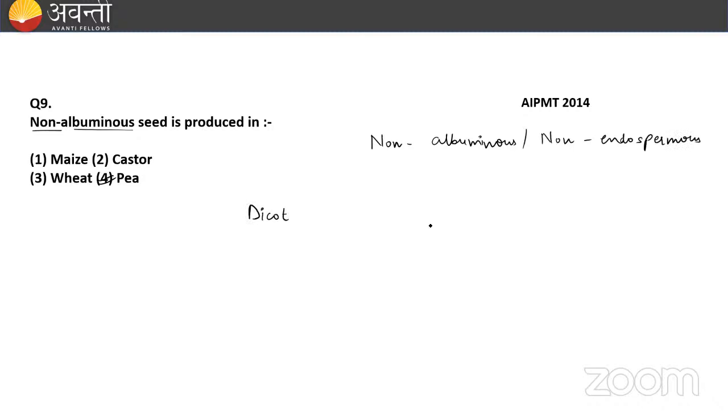So we have studied two types of seed, dicot seed and monocot seed, right? In dicot seed, you will observe no endosperm, because endosperm is completely utilized by the embryo in case of dicot seed.